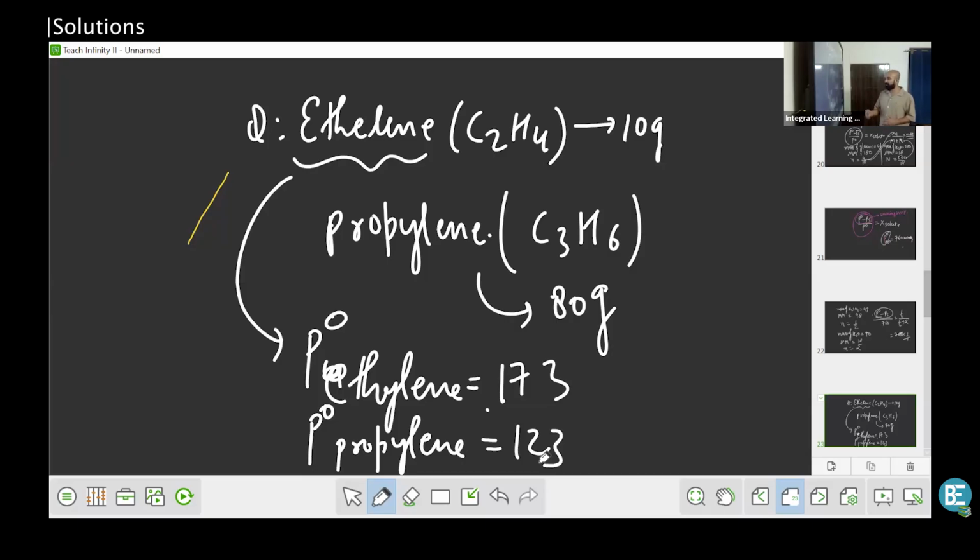Now what you have to figure out, write it down. Calculate the partial pressure of each component in the solution, and total vapor pressure.